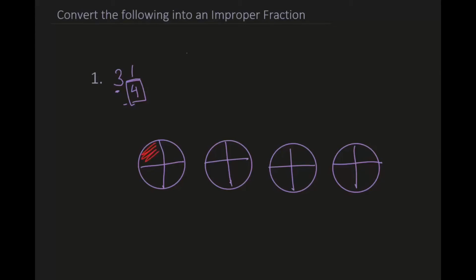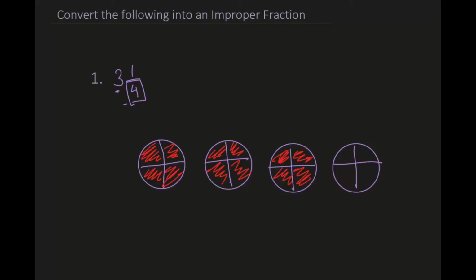So we have 1, 2, 3, 4, 5, 6, 7, 8, 9, 10, 11, 12. So if we shade 3 circles completely, we have 12 sections completely shaded.